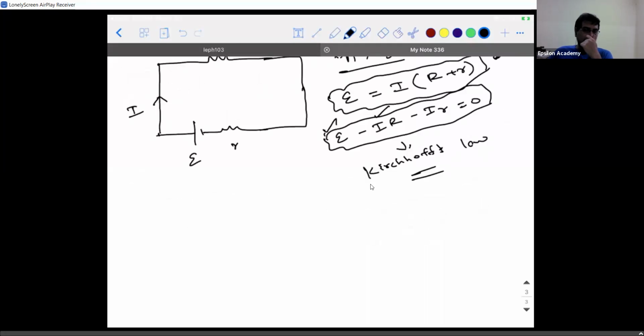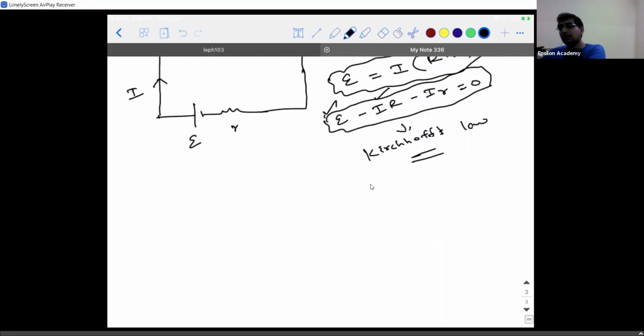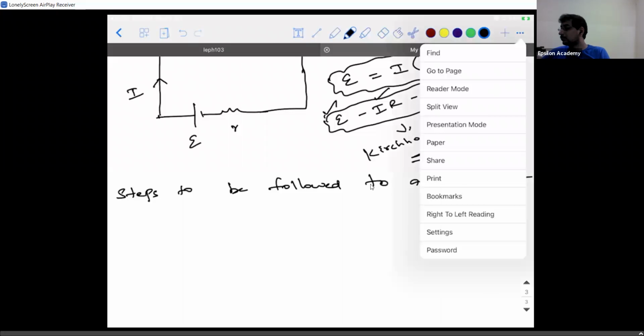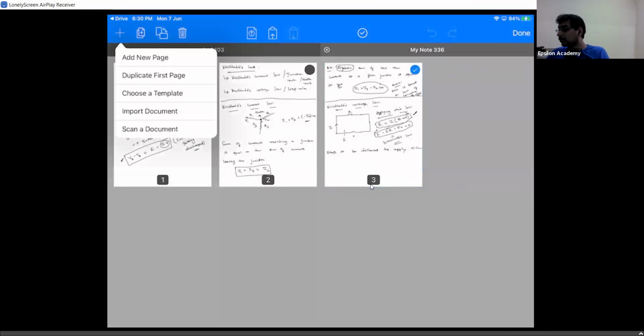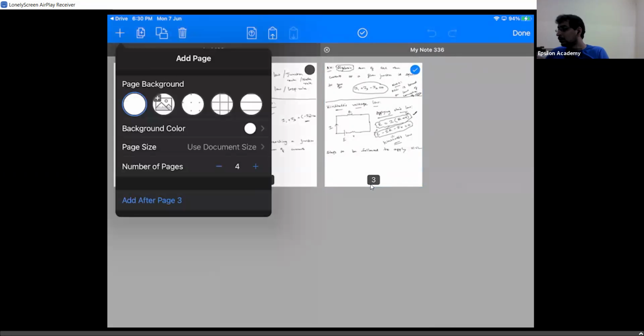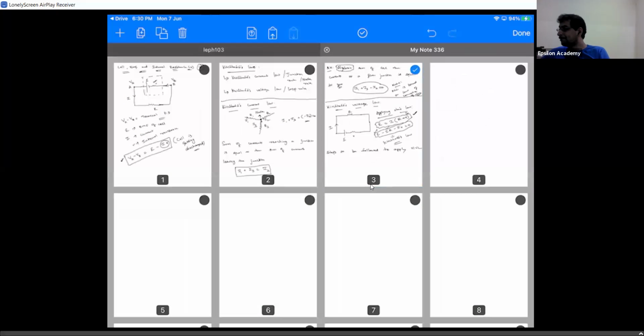Now, there are certain steps to be followed while applying KVL. Steps to be followed to apply KVL. What are they? Listen.